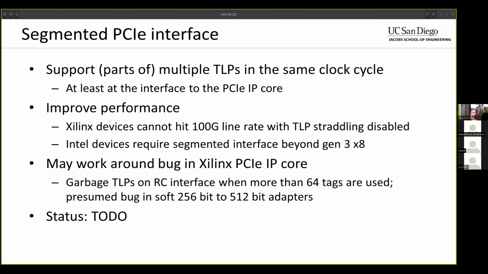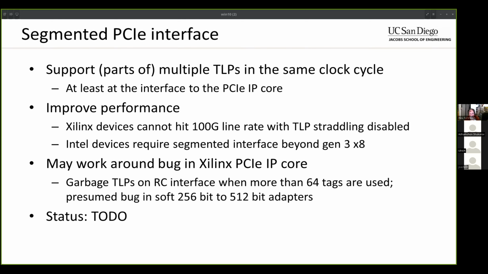The other thing that I'm going to be working on is getting the segmented PCI Express interface working. This is supporting transfers of either multiple TLPs in the same clock cycle or parts of multiple TLPs in the same clock cycle. The idea is to improve the performance of the interface to the PCI Express IP core.